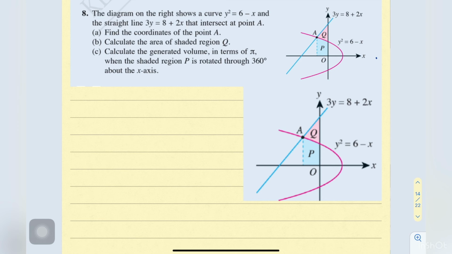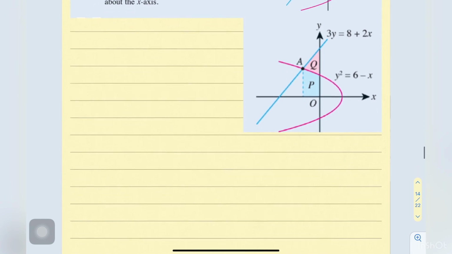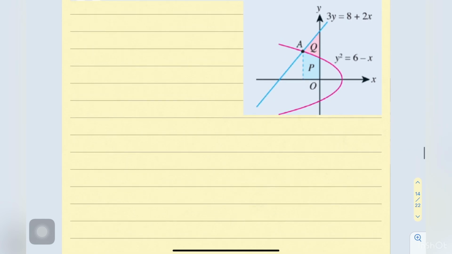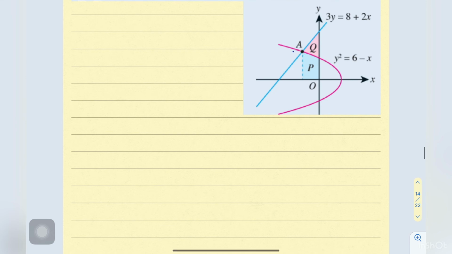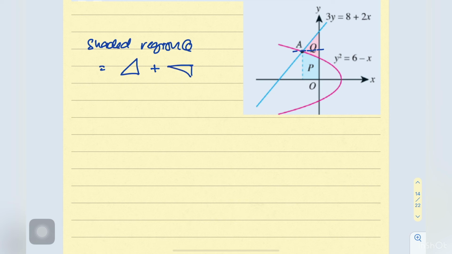Part B: calculate the area of shaded region Q. To find shaded region Q, we can separate it into two: a triangle and the area under the graph.